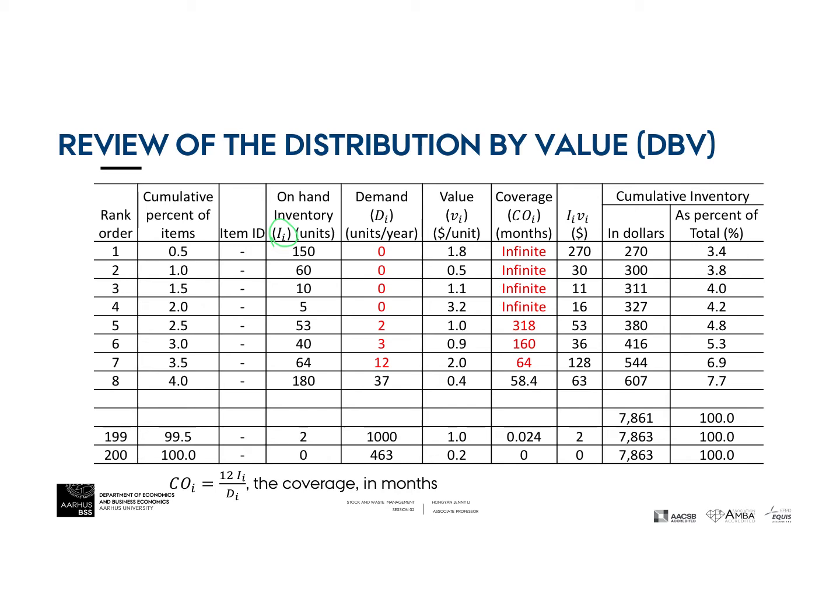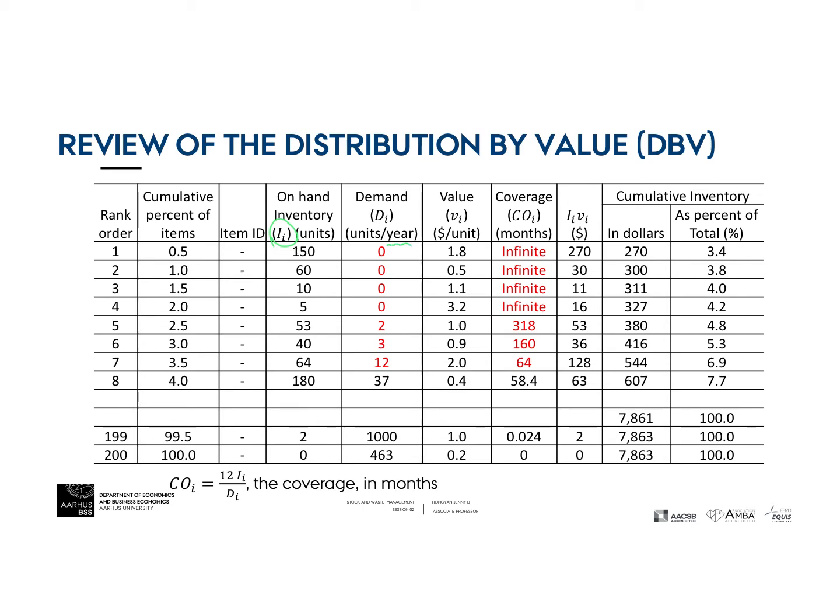Basically, this is just counting how many units of the items are stocked. And then we have the information about demand. This can be counted at the annual level, so here we talk about units per year.